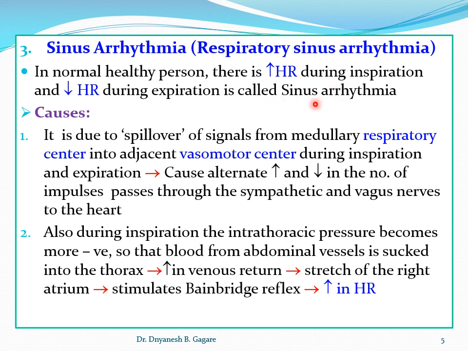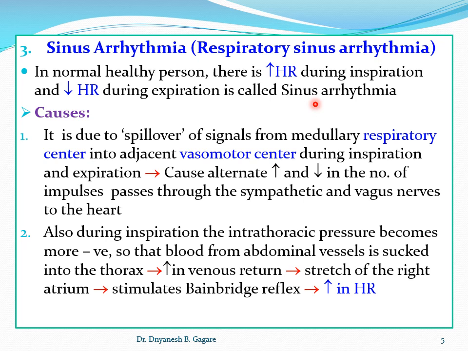It is very difficult to make out in adults, but in children you can easily make out their heart rate slightly increases during the inspiration period, and it comes to normal during expiration.